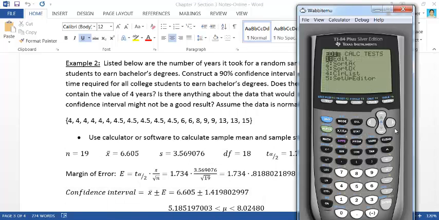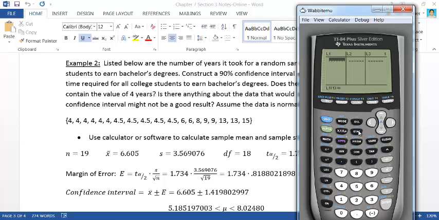I don't know if I'll take the time to put all that data in, but you would want to go to stat, enter for one, edit, and then you would want to basically type all of that data into L1.